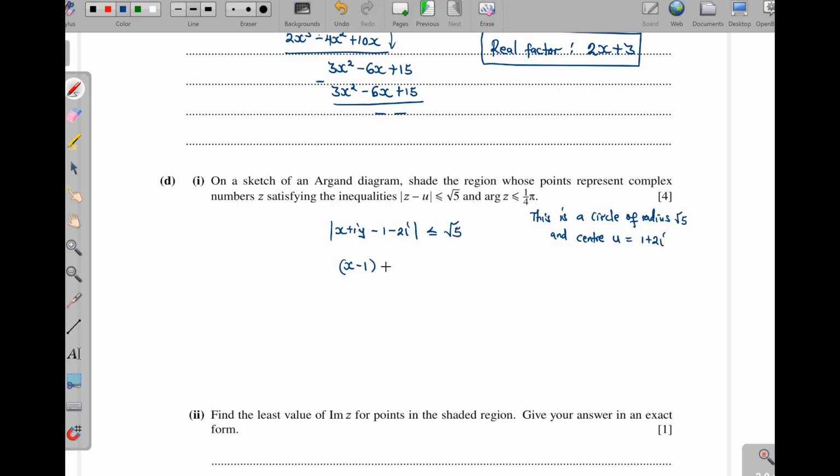So we have this, then plus y minus the 2 here, i. Then how do we get the modulus of the complex number? We get the square root of the real part, okay, squared, then plus the imaginary part, also what? Squared. You see that? And then to eliminate this square root, we square both sides.